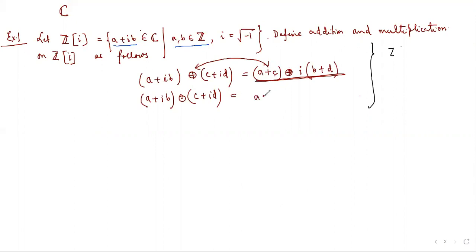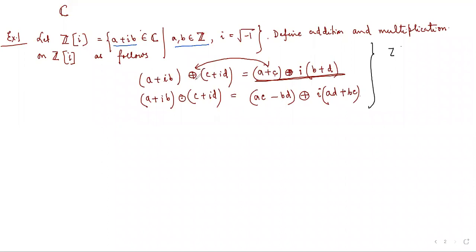Whenever I'm writing AC, I'm multiplying the two integers, AC minus BD. Here the operation that I'm using is multiplication in the set of integers. I am multiplying two integers, and then I'm writing this plus, and then this element. So you have to be careful what operations you are actually applying on which particular element taken from what set.